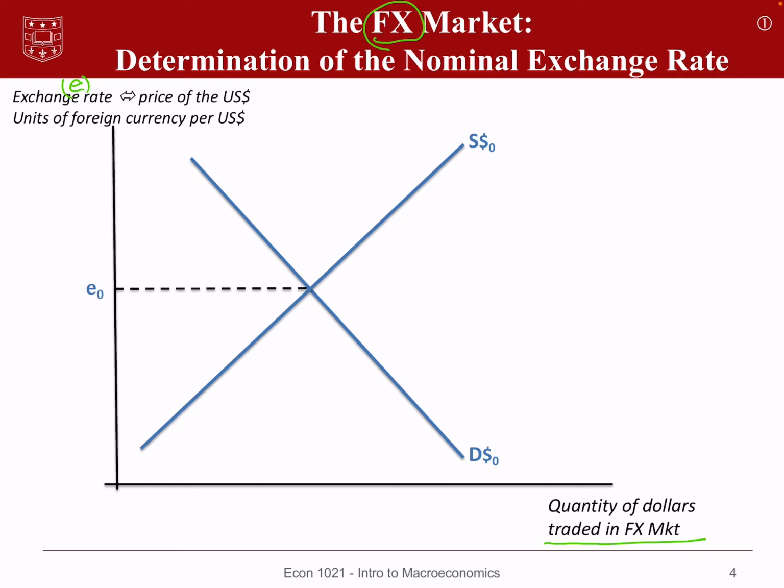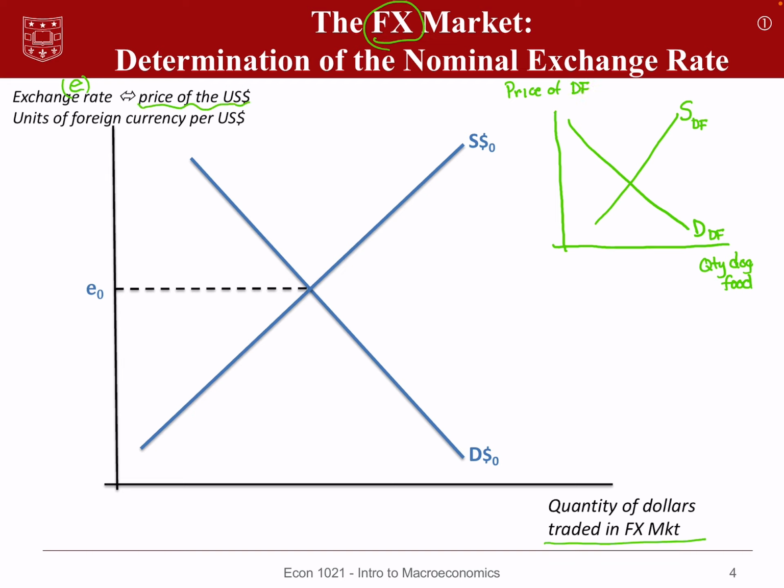And again, harking back to what we did before, I want to suggest that even though this looks potentially weird, this is not unlike the dog food market. We would have the demand for dog food, and we would have a supply of dog food, and we would talk about the quantity that's traded on the horizontal axis, and we would have a price of dog food on the vertical axis.